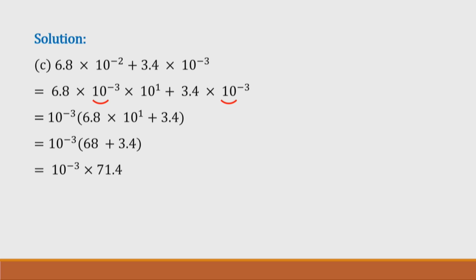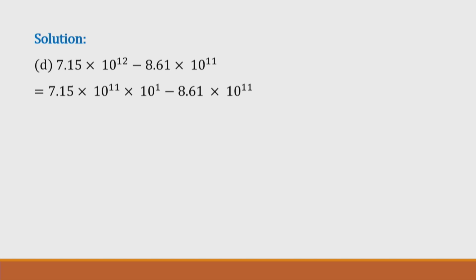Evaluating, I get 71.4. Now, rewriting in standard form, I will have 10 power negative 3 times 7.14 times 10 to the power of 1, or simply 10. Simplifying, this gives me 7.14 times 10 to the power of negative 2.